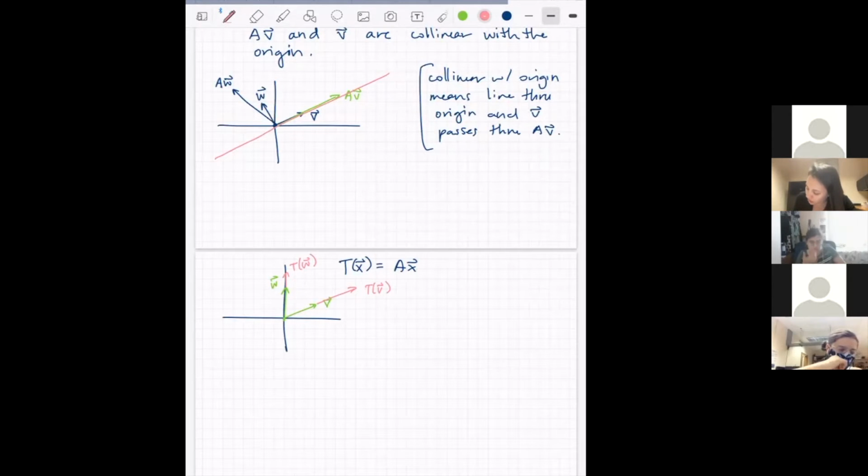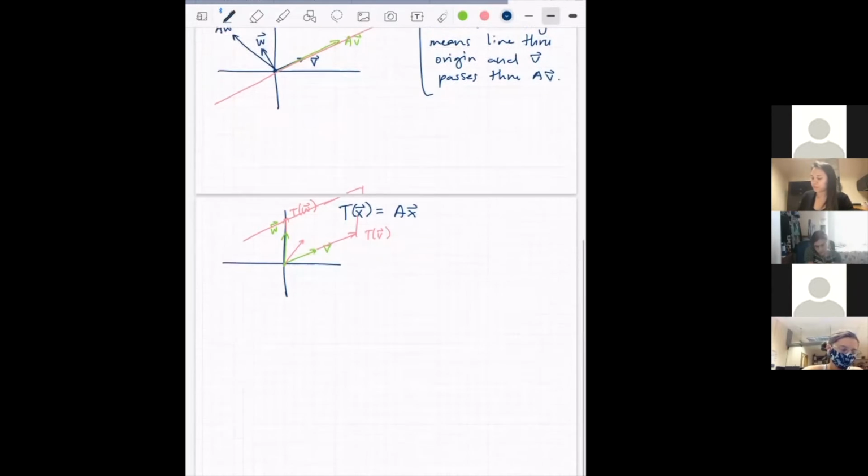So these are the special directions where you just get stretching in this direction and that one. And in other directions, it's not just stretching, for instance, this vector here.